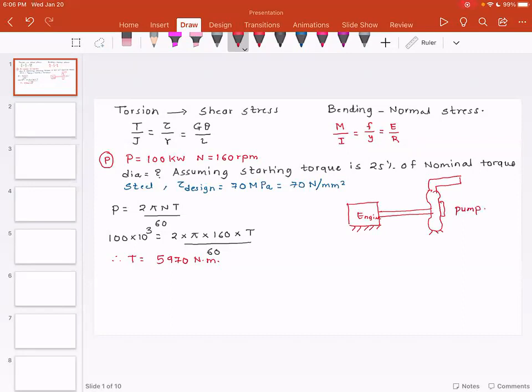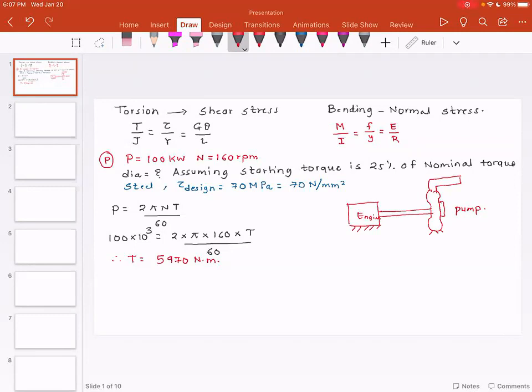Now, if you think about this load, I'm going to call this pump. Initially, everything is stationary, which means the bearings are not rotating, the water is not churning. So initially, just to start, there is a spike in the torque requirement.